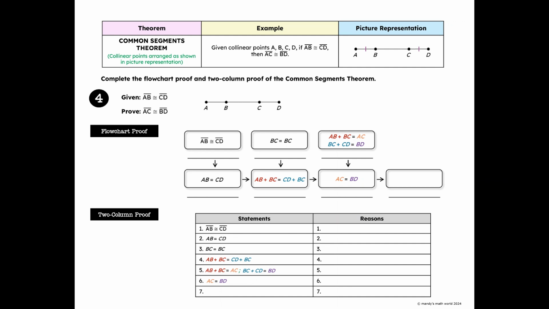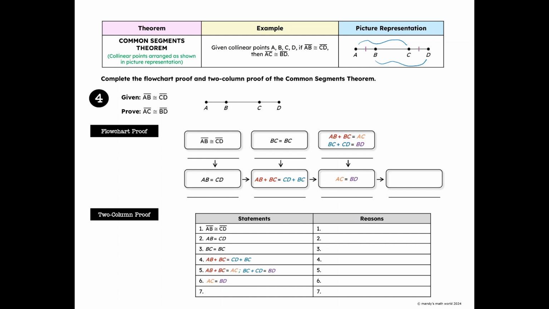So when you're given collinear points A, B, C, D, if segment AB is congruent to segment CD, then segment AC is congruent to segment BD.